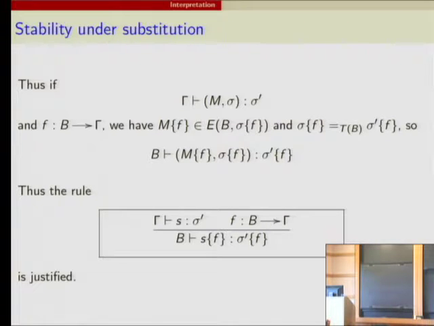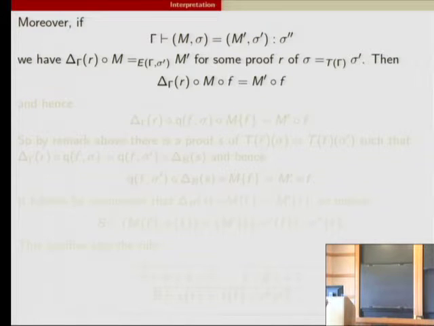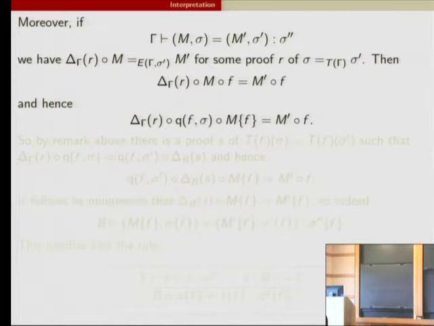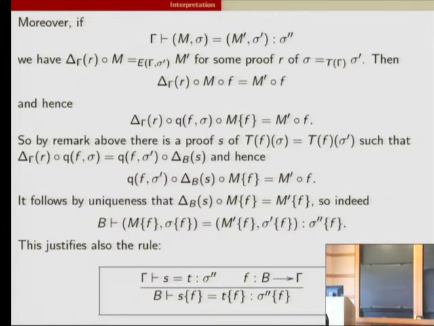So we have this substitution rule as well, formally justified. Yeah, and one can go on to equalities, etc. This is slightly more complicated. Maybe I will skip this. But we have the expected rule also there.